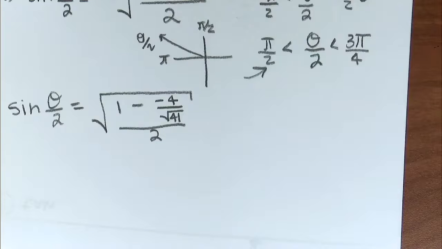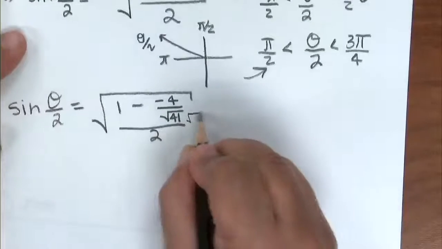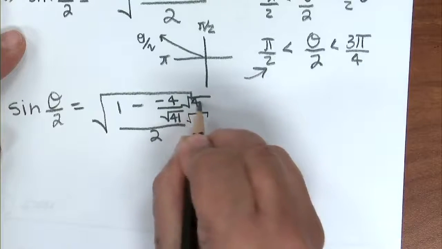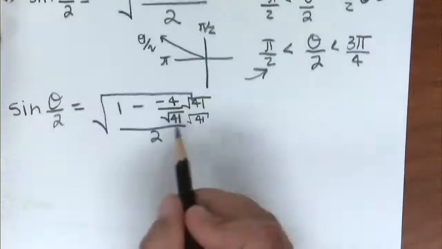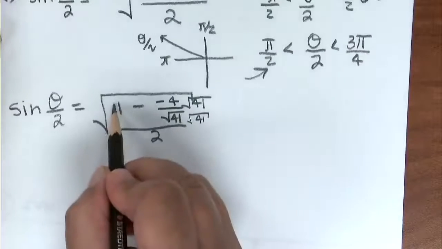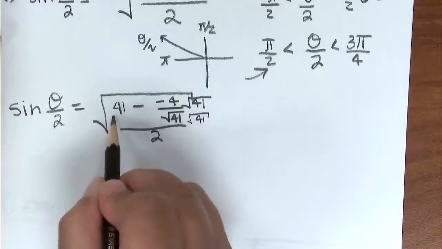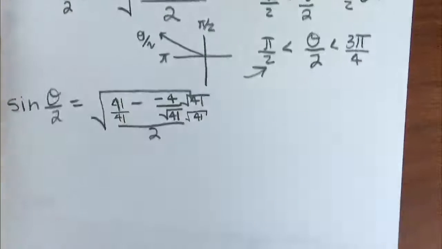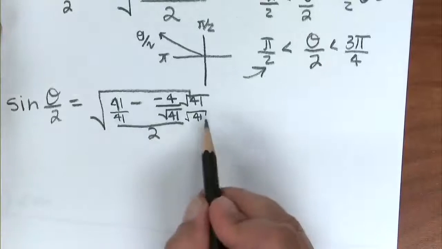Let's deal with this guy first. So I'm going to do that and that. That's going to turn this into a 41, therefore this should be a 41 over 41. Okay, that's the one there. That bottom has to match that.